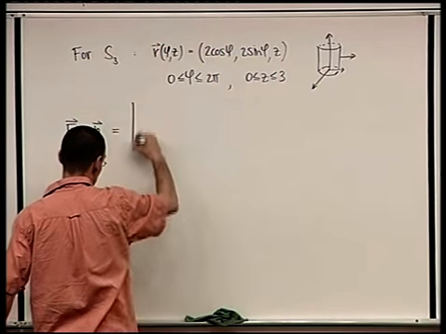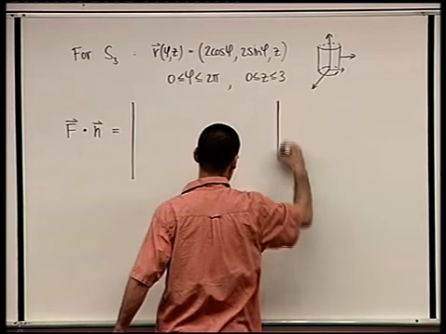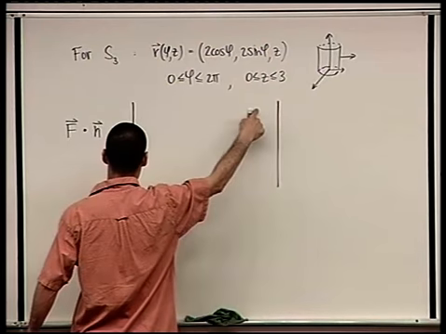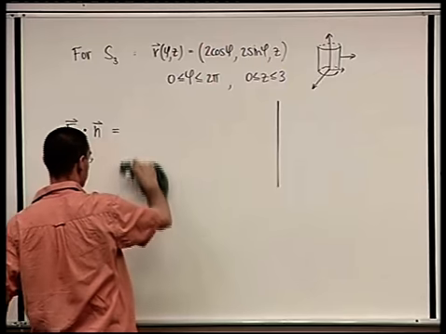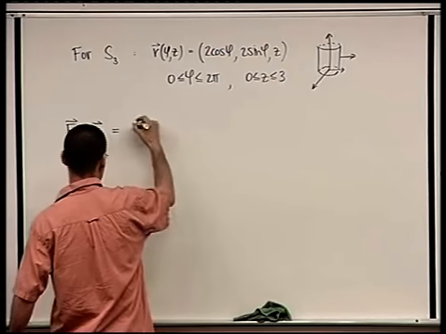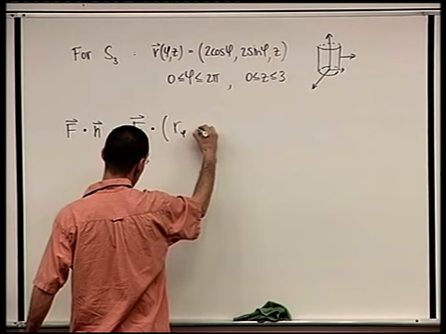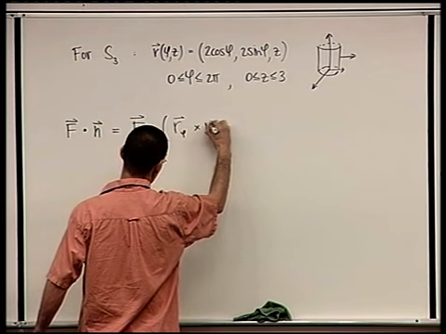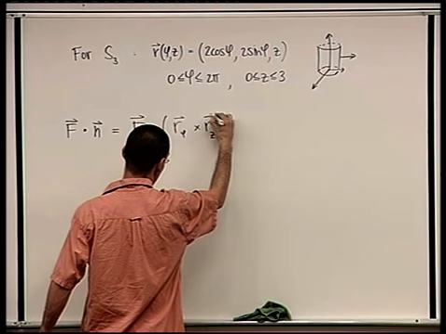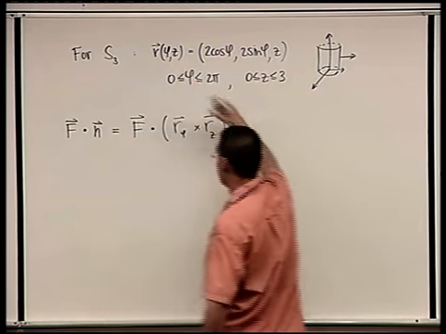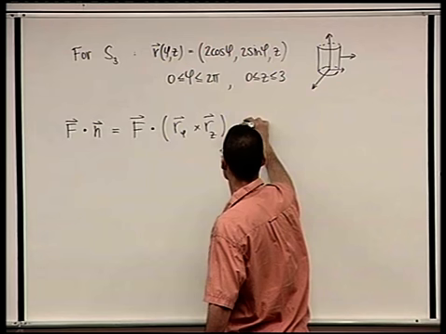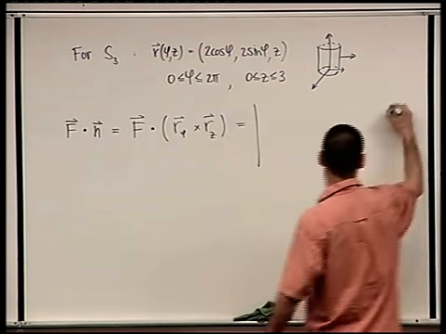It's going to be the determinant, P, Q, R, but let's add another. It's F dot R phi cross R z. Those are the components of the normal.